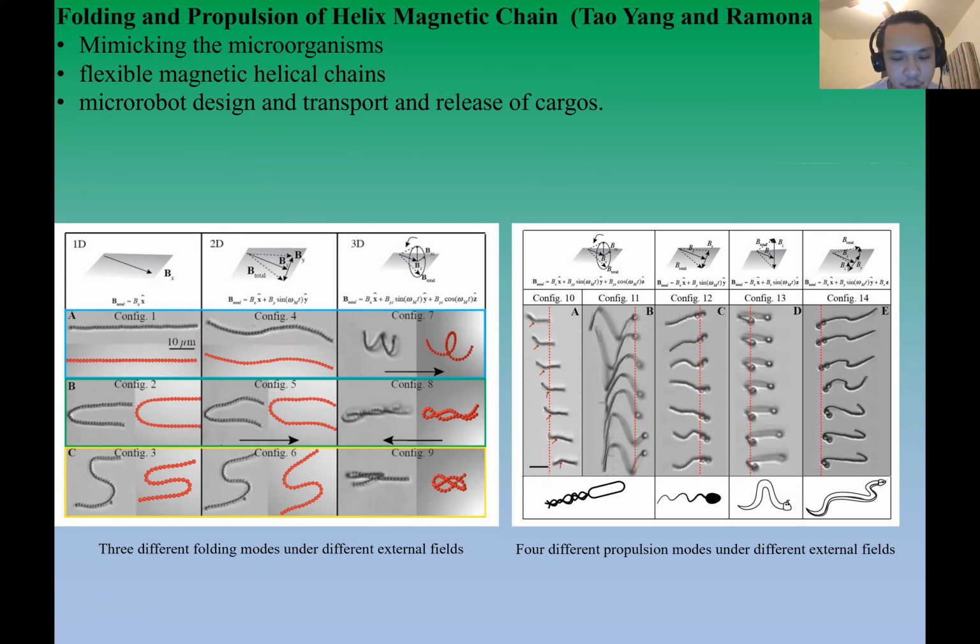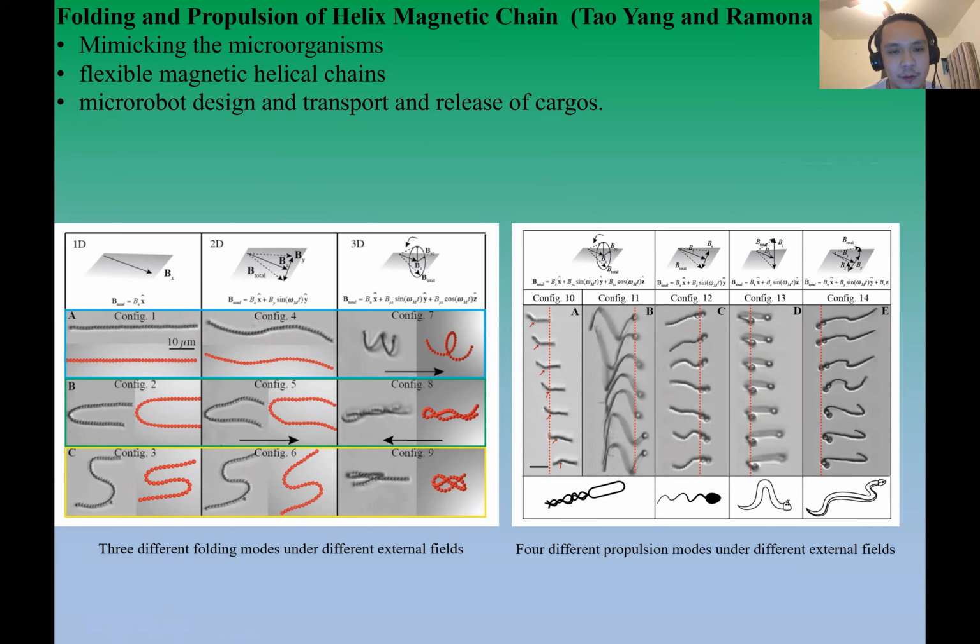By applying XY in-plane undulatory fields, we can also form the same straight line, U-shaped, and S-shaped structures. If we apply 3D precessing fields, we can form helical structures. The arrow in this picture represents the propulsion motion of the structure.